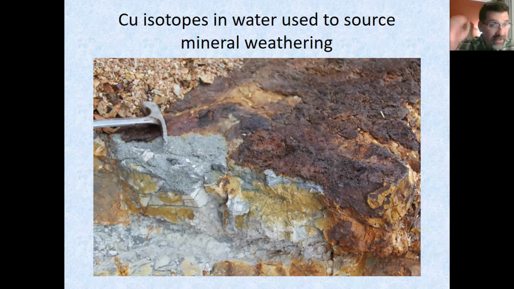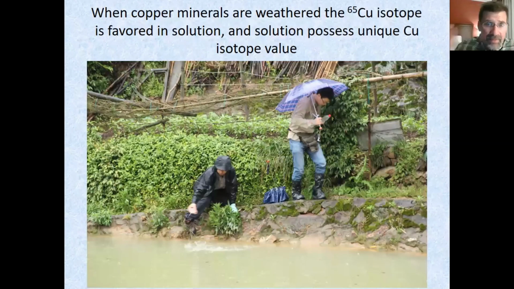Now, what's important with the copper isotopes is that when copper minerals are weathered, they normally oxidize, and the oxidation reaction favors the heavier isotope. So if you have a solution that interacts with the copper sulfide, and it doesn't matter what the copper sulfide is, it could be chalcopyrite or bornite or chalcocite or tetrahedrite, and it doesn't matter how it was formed, the heavier isotope will be favored in the solution.